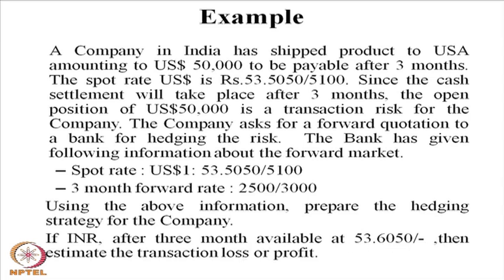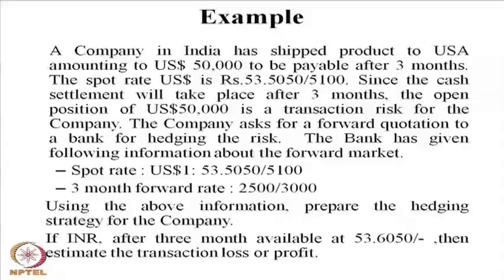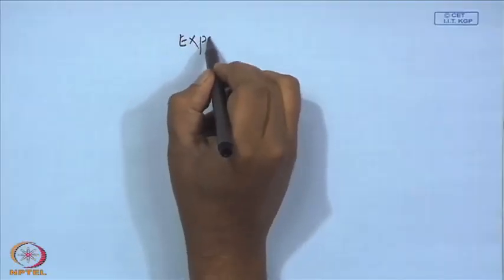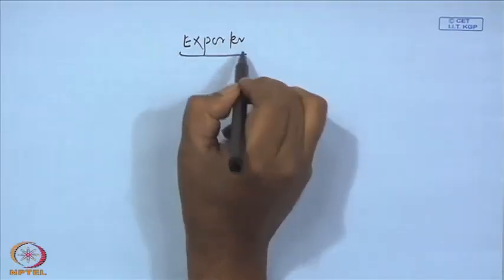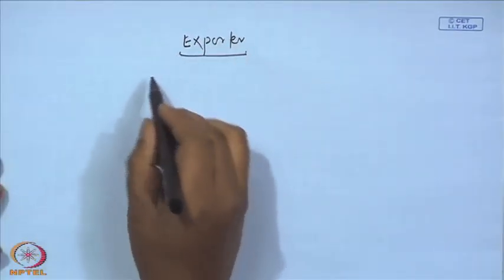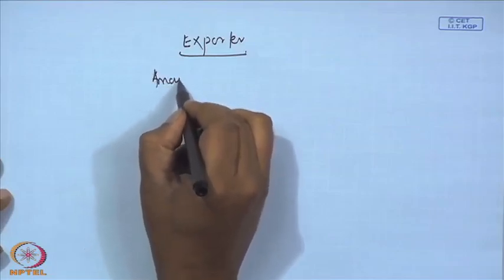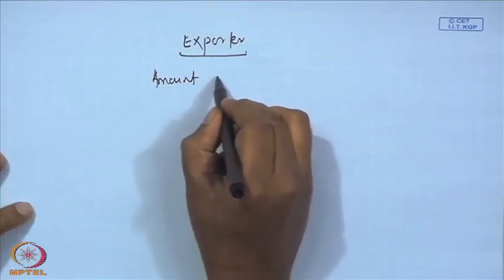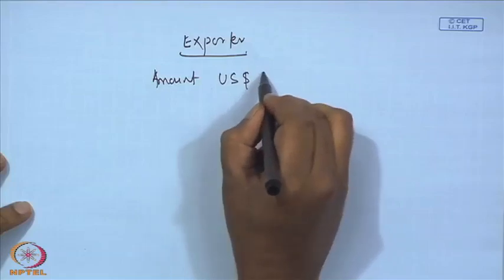In this problem, what is given to us? To understand this, let us do the problem. Here a company in India exported some item to the USA. The company is an exporter. The export amount is US dollar 50,000.